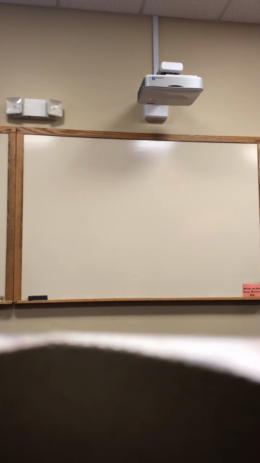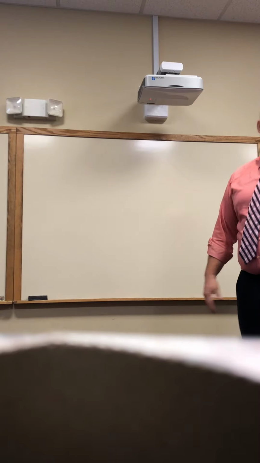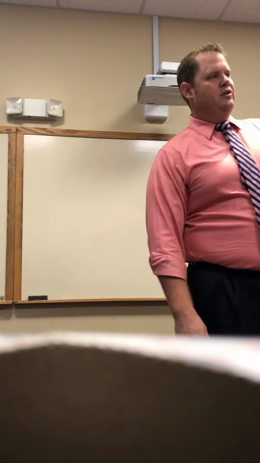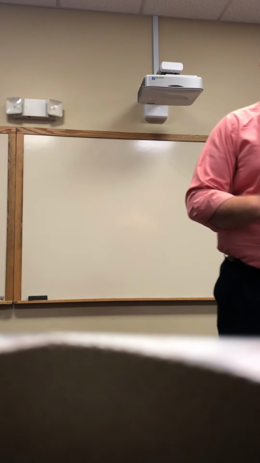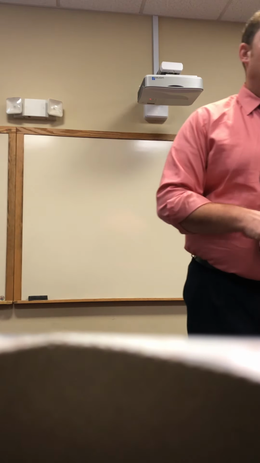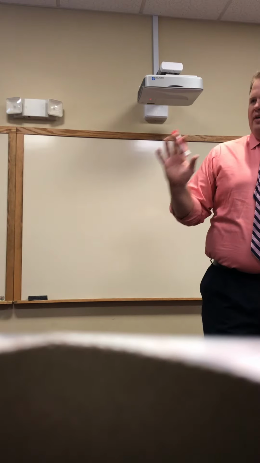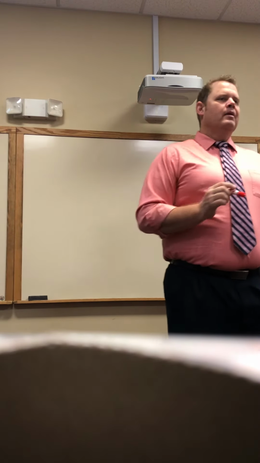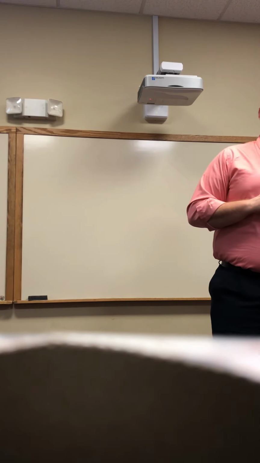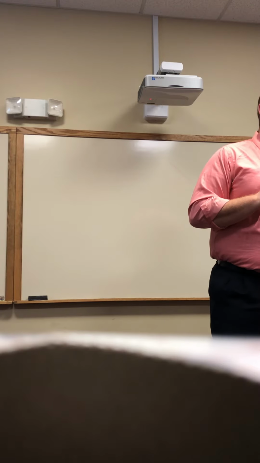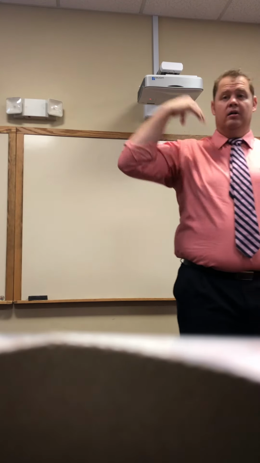Okay, so let me ask you a question. At lunch, you have an 8-year-old, a 10-year-old, and a 15-year-old. If you think about it this way, who gets a bigger proportion, or a bigger portion? The 15-year-old, because they are bigger.